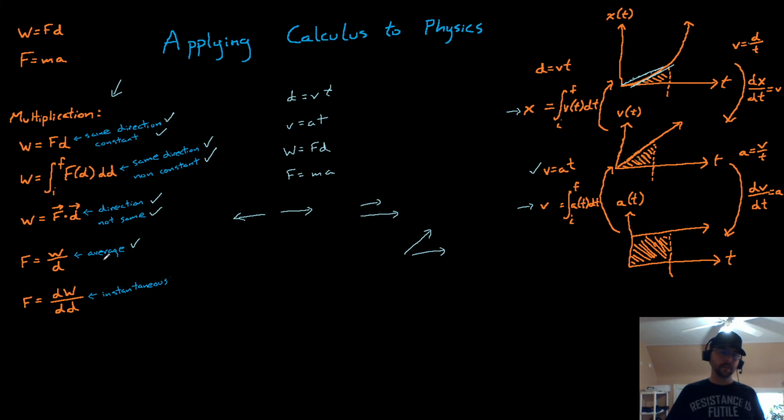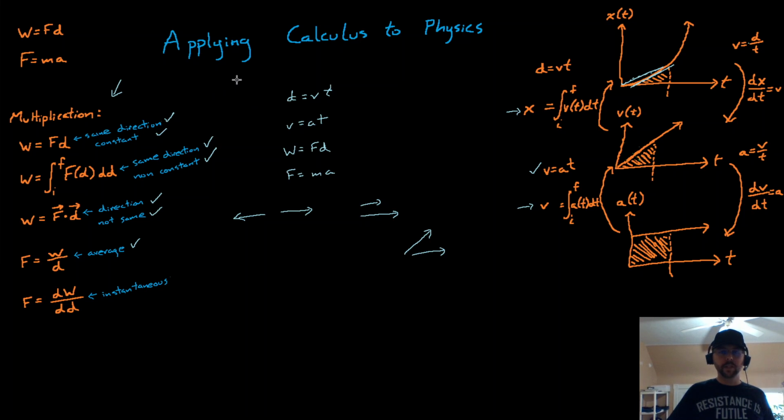So the straight line version will also give you the instantaneous force, but if it's not a straight line, then this setup will actually give you the average force. If you want to find the instantaneous value and you do not have a straight line, then you need to use force equals the derivative of work with respect to displacement, or again, however you choose to put your dependent and independent variables.